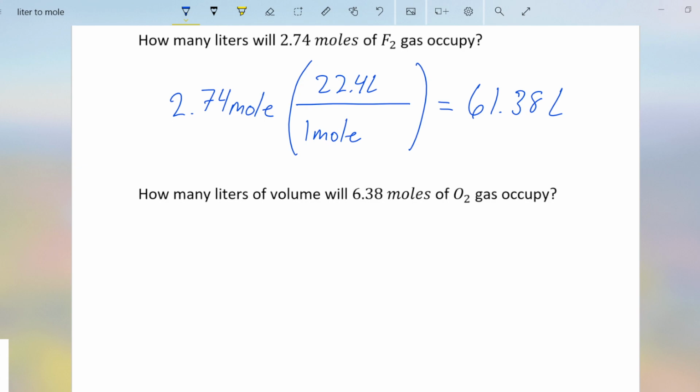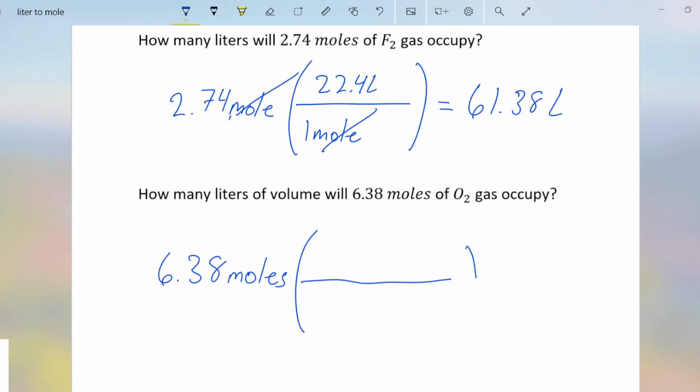Next question is, how many liters of volume will 6.38 moles of oxygen gas, or O2 gas, occupy? So we take our number of moles and we write it out, 6.38 moles. I keep forgetting to cancel my units. We need to cancel units. So 6.38 moles.